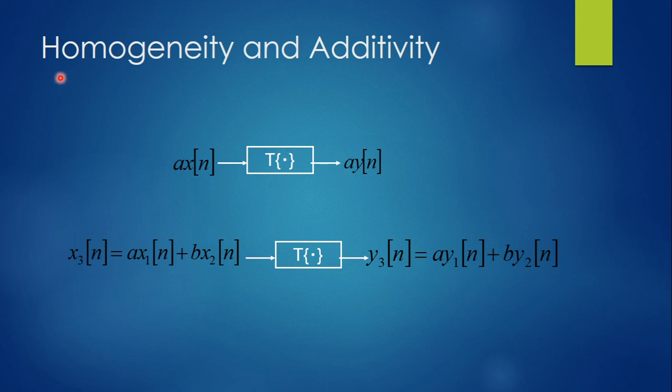This is homogeneity. If it follows both, like that, you multiply x1 by a and x2 by b, sum them, and give it to this system. The output you get is the first output multiplied by a, plus the second output multiplied by b. So the whole of this system is what? Your linear system. It is following the property of homogeneity as well as the property of additivity.